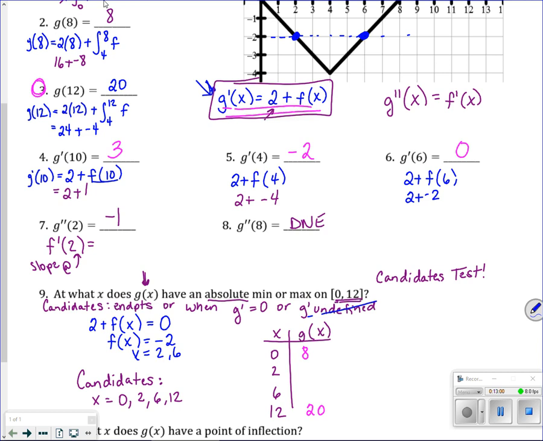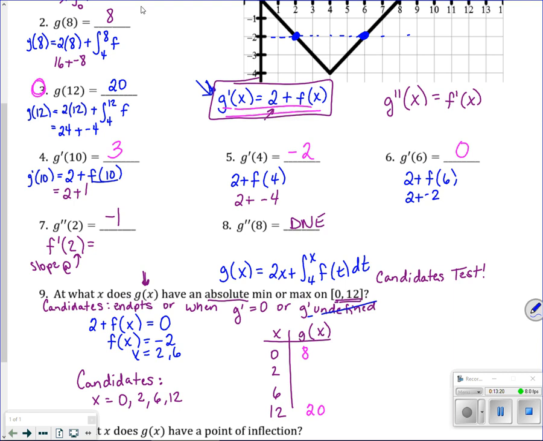So g of 2 is going to be, let's go back, remember at our very beginning, I'm going to write it down here at the very top of the page so I don't have to scroll up, you have this equation.